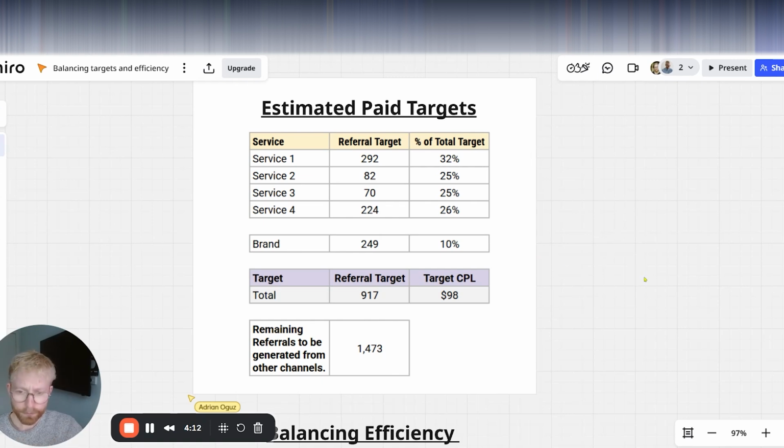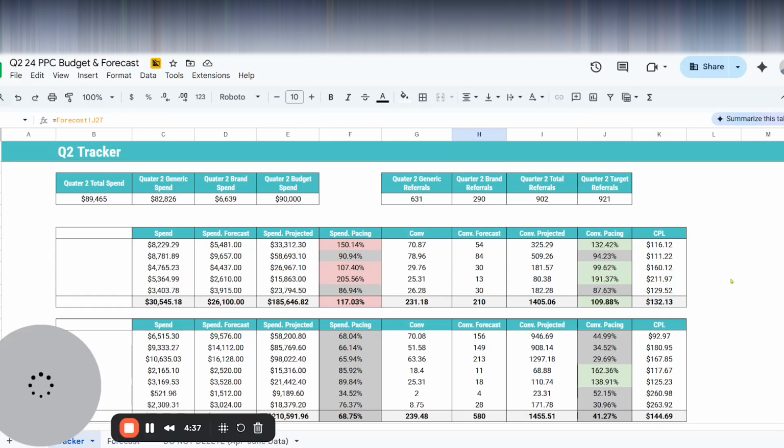So those are the targets that I came up with. Now I'm going to show you exactly how I came up with these targets, which allowed me to get a 15% decrease in cost per lead. So what I've done is, let me show you, I put this sheet together.